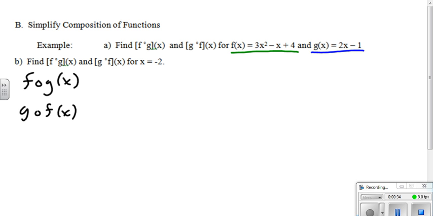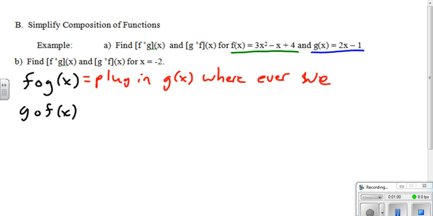Now at the end of all this, we're going to want to plug in x is negative 2, but that'll be a separate problem. First, let's focus just on finding f of g of x and g of f of x. Now when it's f of g of x, that means that we plug in g of x wherever we see x in f of x.